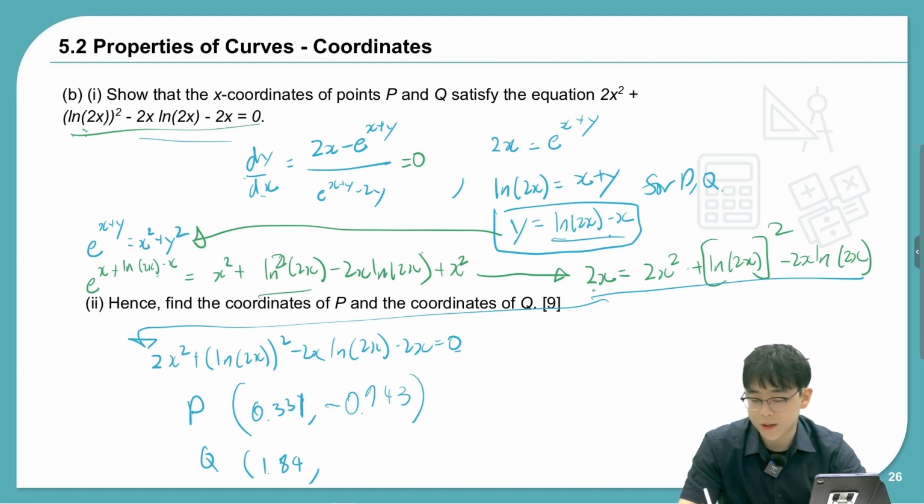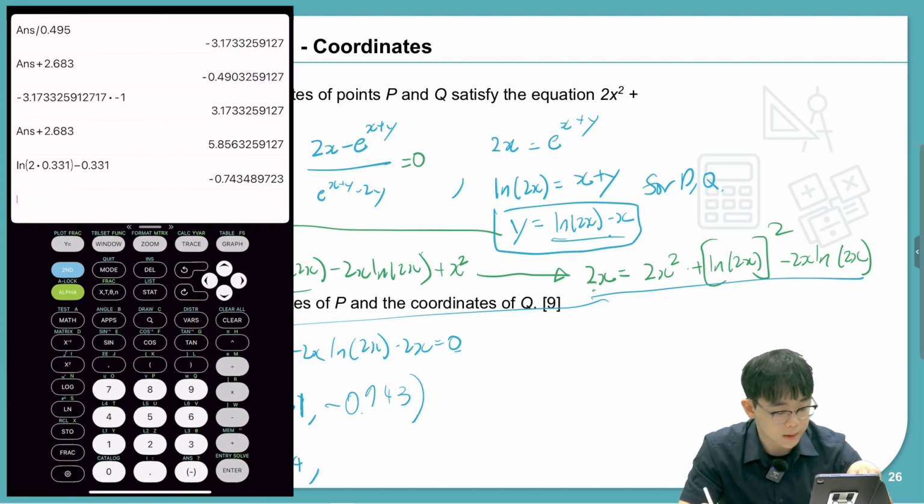And for Q, I'm just going to put in ln of 2 times 1.84 again. So ln of 2 times 1.84, and then minus x, right? So 1.84.